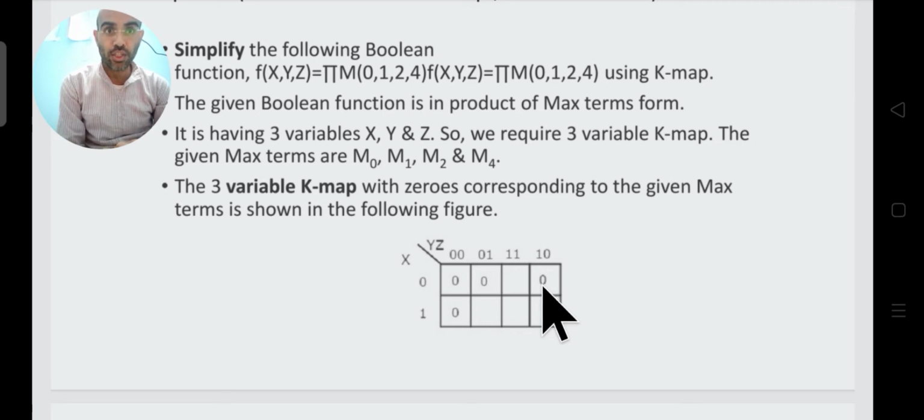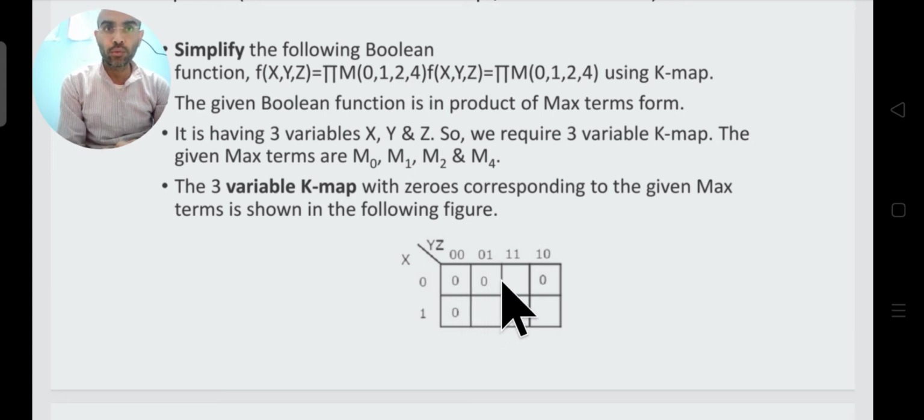So there are 2 changes. Similarly here, x is 1 and x is 0, y is 0 and y is 0, so they are the same, but z is 1 here and z is 0 here. So these 2 cells are not adjacent.